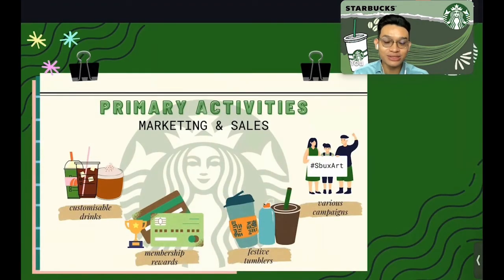So with that, let's move on to the marketing and sales, which I promise you will be much more interesting than the outbound logistics. Alright, so of course, we all know Starbucks is very famous for being able to provide customizable drinks. With that, Starbucks will be able to provide endless combinations and possibilities to make a drink for the customers.